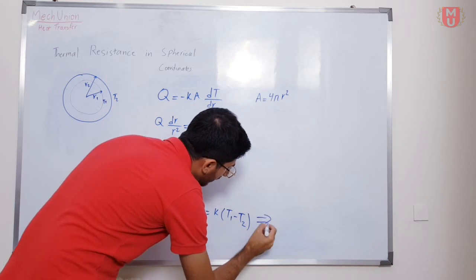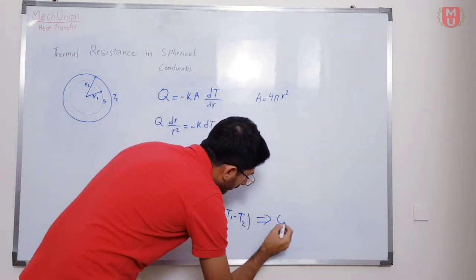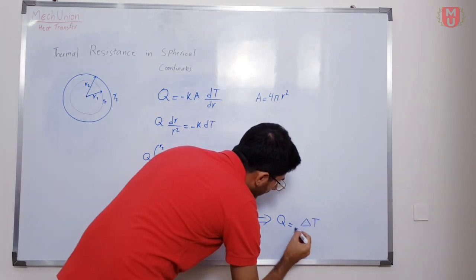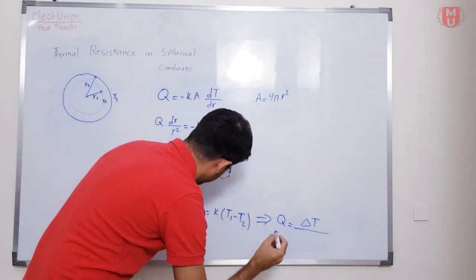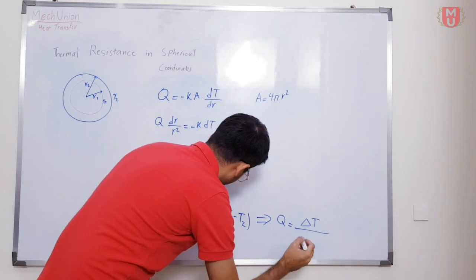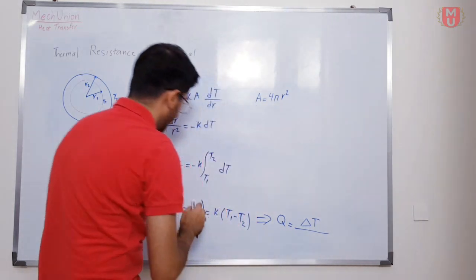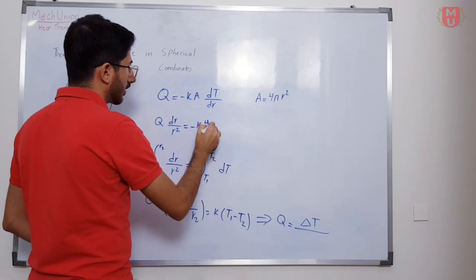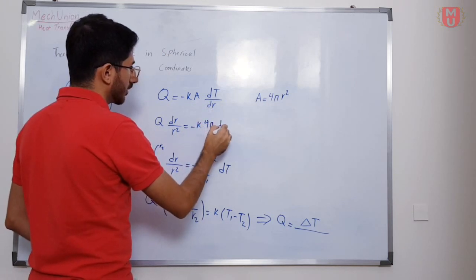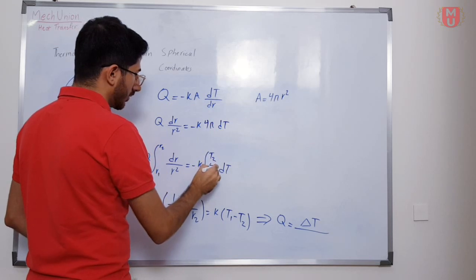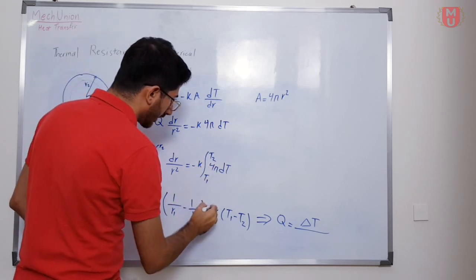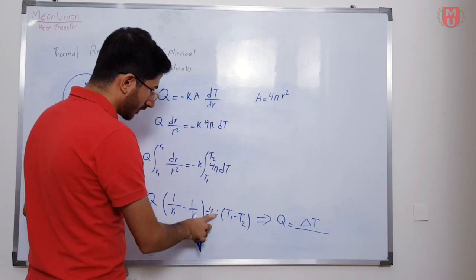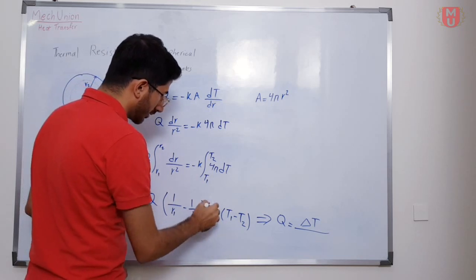Then we have q equals delta T over, excuse me, I forgot the 4 pi. I write it down: 4 pi, again 4 pi k.